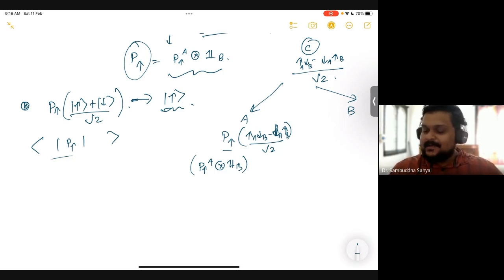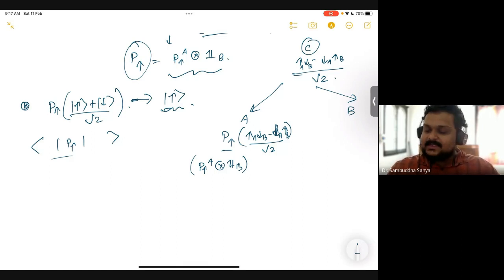I want to play the same game for this entangled state. I have to construct my projection operator in a way that Alice's operator doesn't measure on the Bob state and Bob's operator doesn't measure on Alice's state. But it works on this composite object. Even though Alice got one copy, if I want to know what she will get, I have to act this operator on this full entangled state.